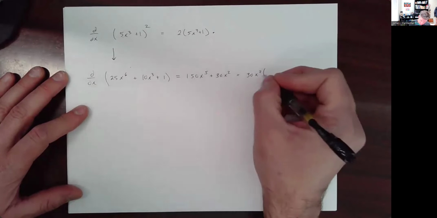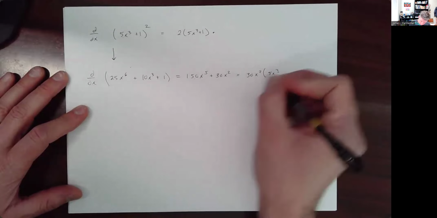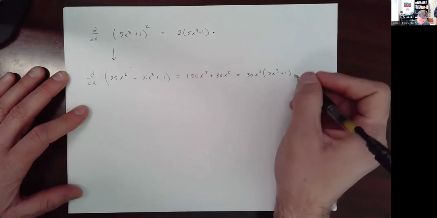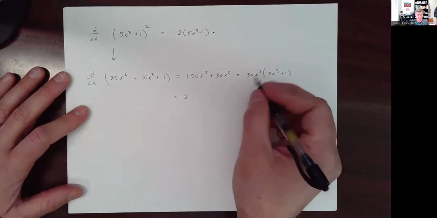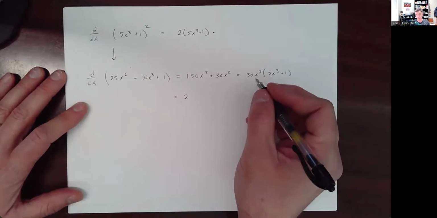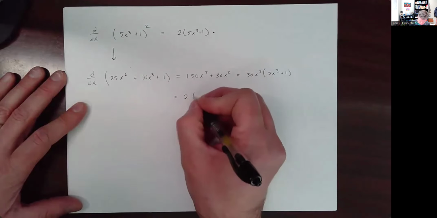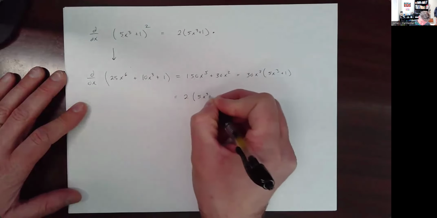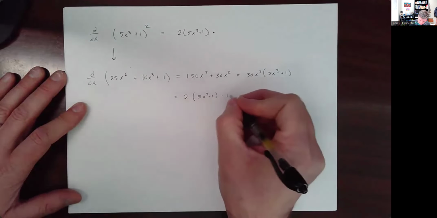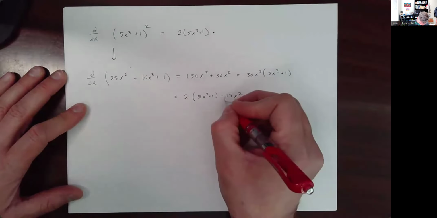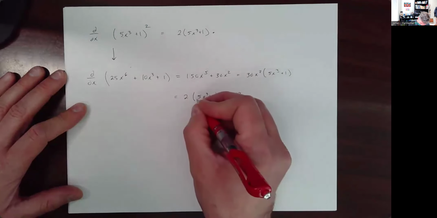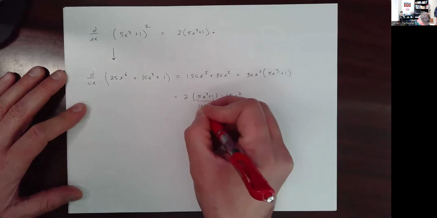Here I'm left with 5x to the third plus 1. I'm going to break up the 30 times x squared as a 2 times a 15x squared. I'm going to leave the 2 in front and write the 15x squared at the end. But look, 15x squared is exactly the derivative of that stuff right there.